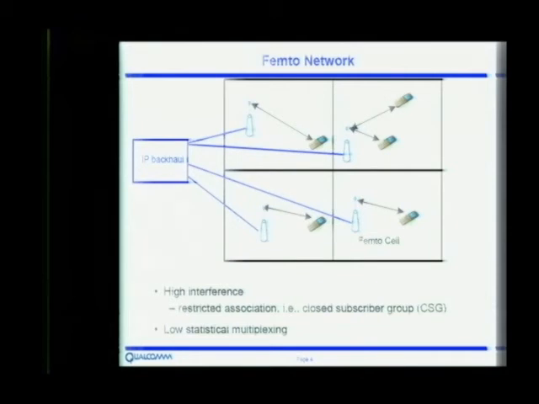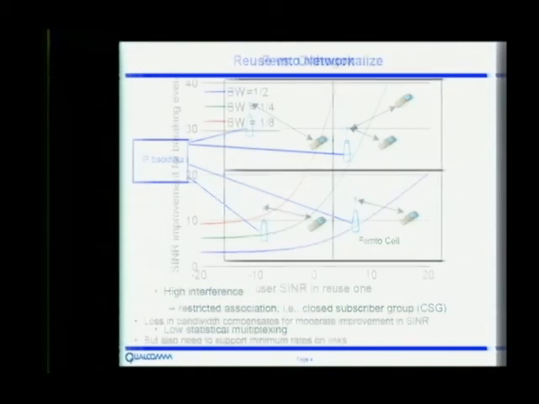So when it transmits on the uplink, it's going to cause a lot of interference to the adjacent femto cell. Also, there could be very few mobiles in a given femto cell, so you don't get statistical multiplexing gains. You need to do this coordination at a much finer granularity, otherwise you'll be wasting resources. You want to be able to grab and relinquish resources at a much faster time scale compared to the cellular setting. So there's low statistical multiplexing.